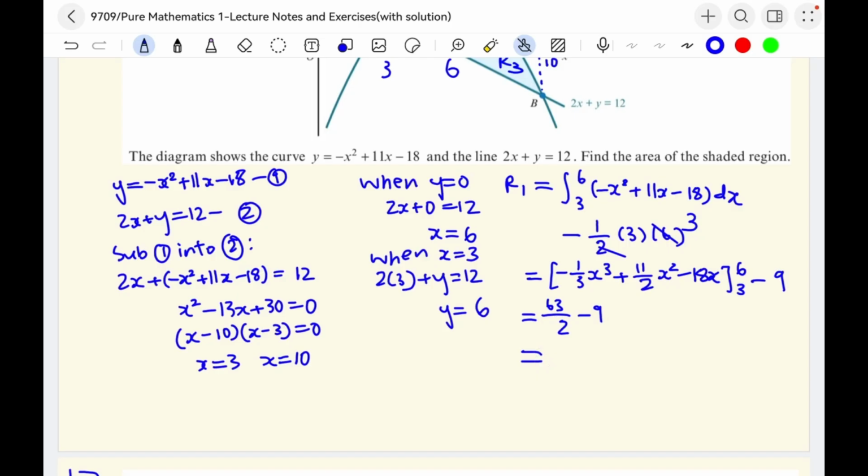Don't be happy too fast because this question hasn't ended yet. For the first region, you will get 45 over 2 units squared. Region 1 only.